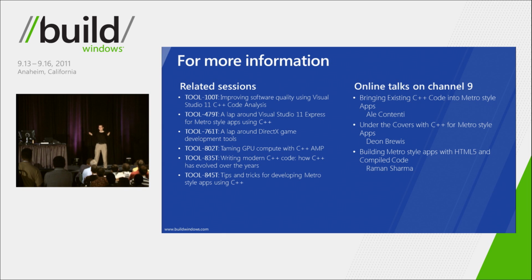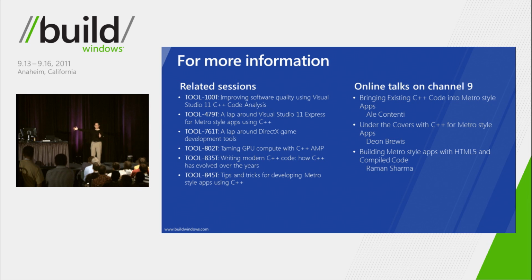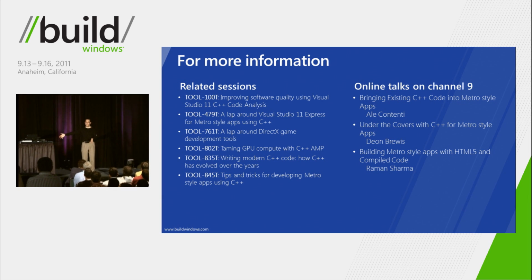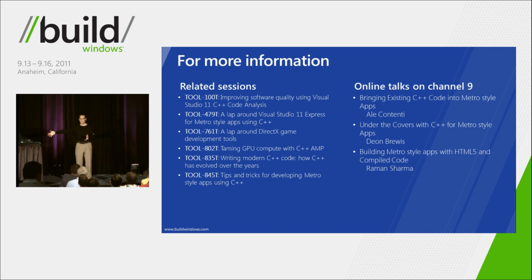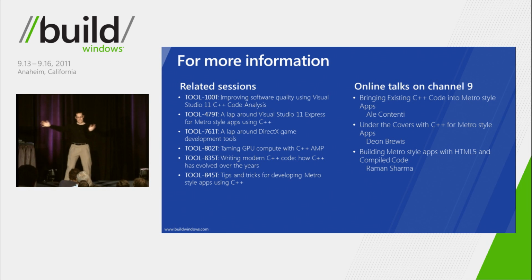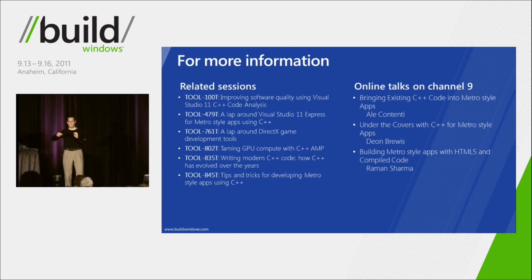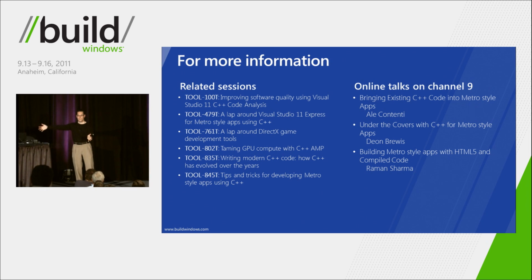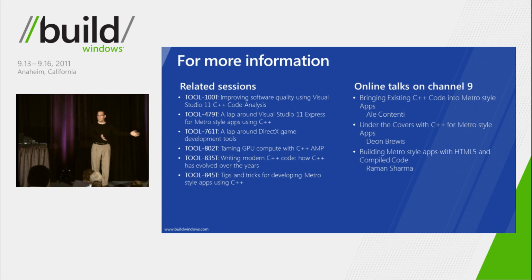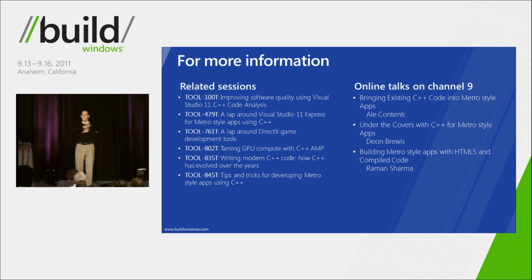If you think all this Metro stuff is a flash in the pan and not really interesting, there's rich Windows that's unchanged and is better than ever. And you get all of it in C++, plus now you get some more features that you didn't have before. If you liked existing stuff and you wanted IntelliSense for C++ CLI or a GPGPU, there's a lot there for you. If you think Metro-style apps are cool, you can also use this, but you can just use them together. Just use the parts you want. They're just more libraries. Thank you.